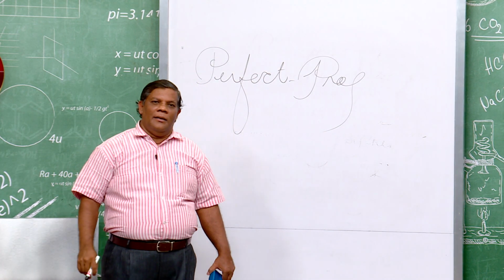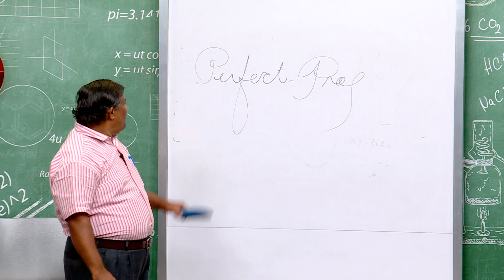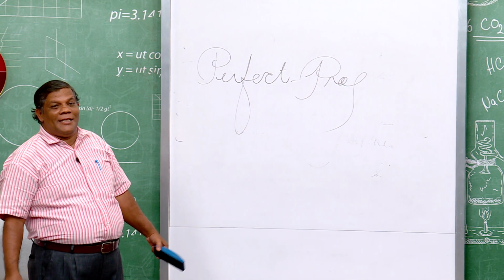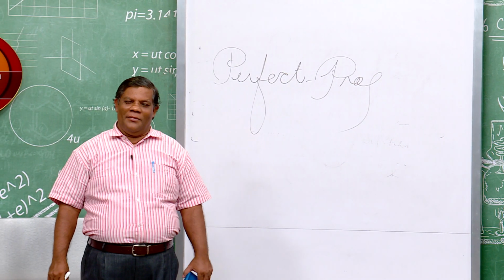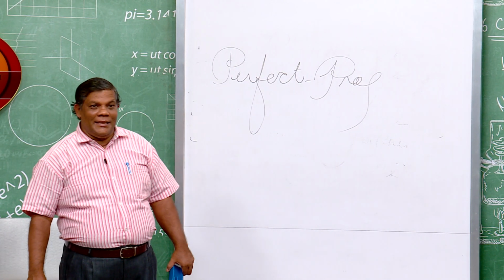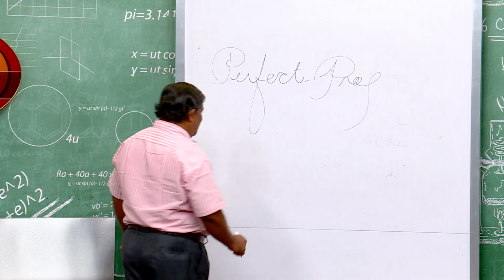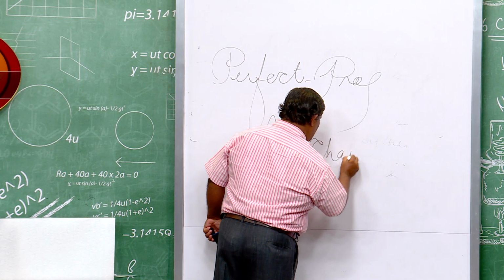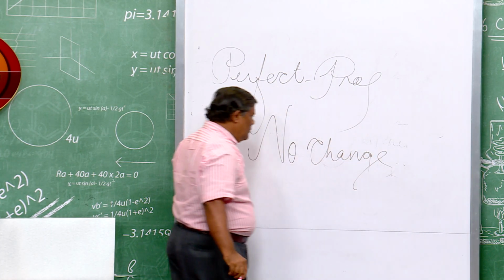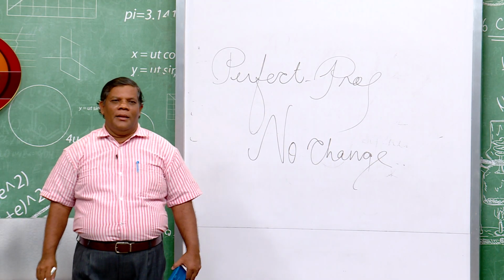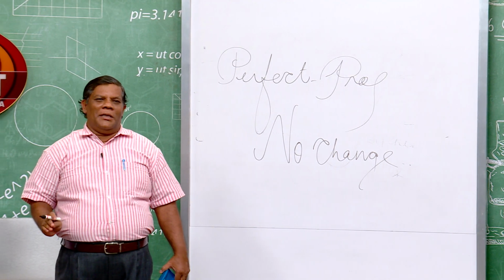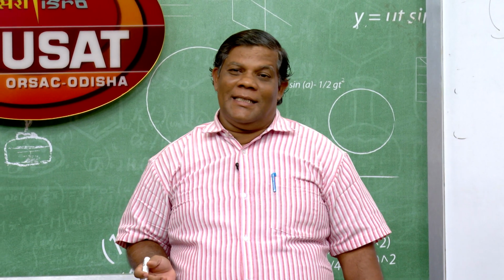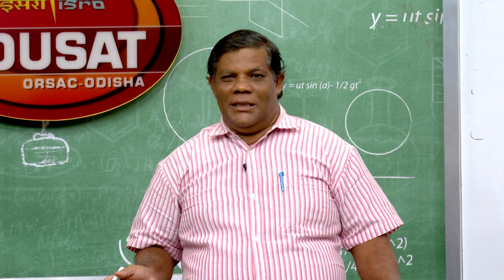How to make such sentences passive? Can we say? The answer is no change. No change. Perfect progressive forms in present tense or in past tense, there is no change.